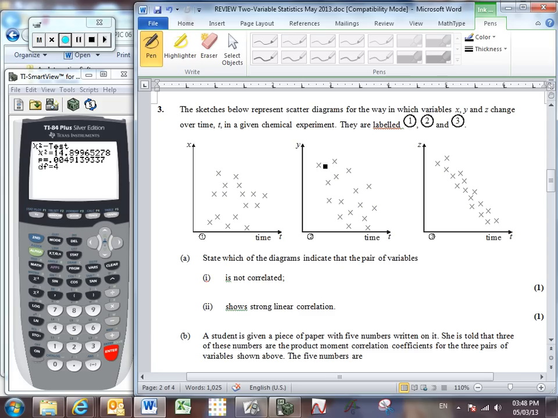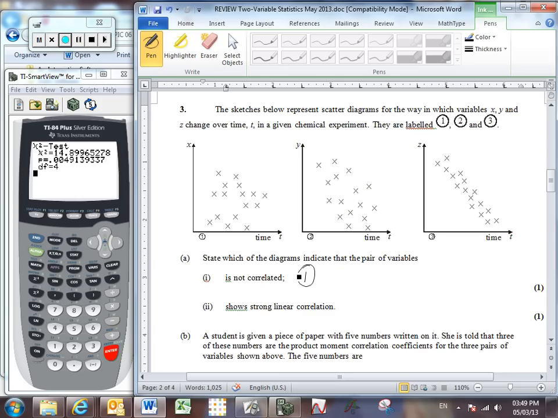This one looks like a fairly weak, but still I can see sort of a pattern to the x's, that they seem to be coming downwards. So that's going to be weak negative correlation. Here I can't really see any pattern. I see no indication whether this is positive, negative, or nothing. So I think we're going to say that diagram 1 is not correlated. And which shows strong linear correlation, that's going to be diagram 3.